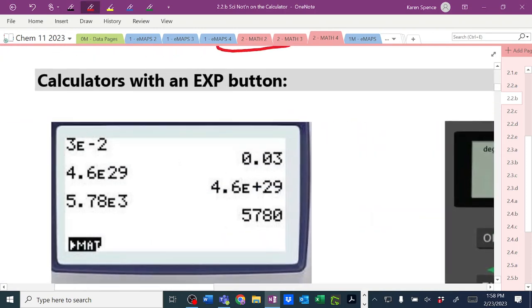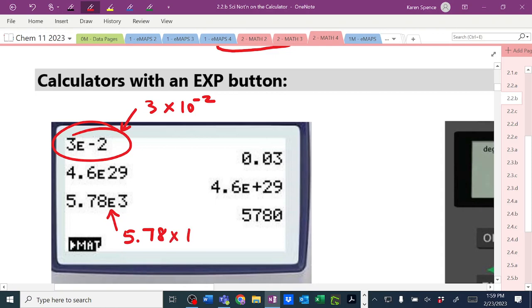Over here, some calculators may present you with that. This number here means 3 times 10 to the negative 2. This one means 5.78 times 10 to the 3. That's what those numbers mean. You'll see different displays on different calculators.